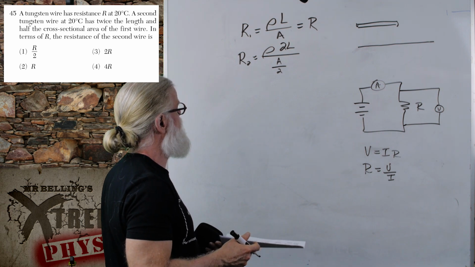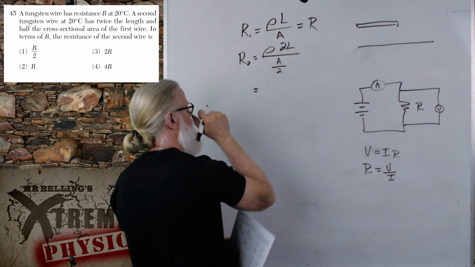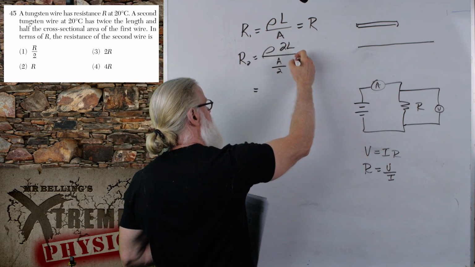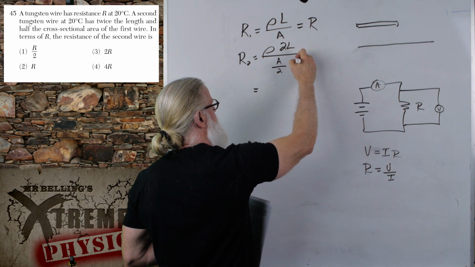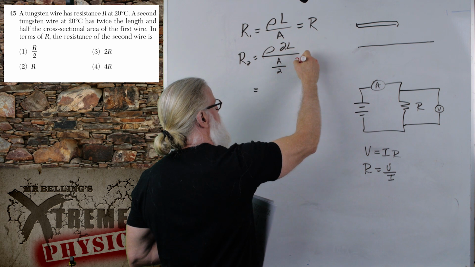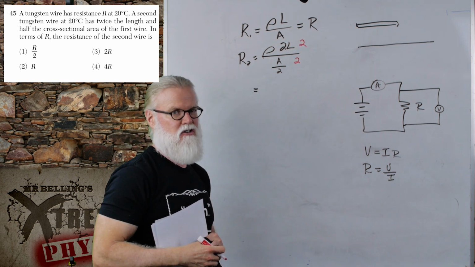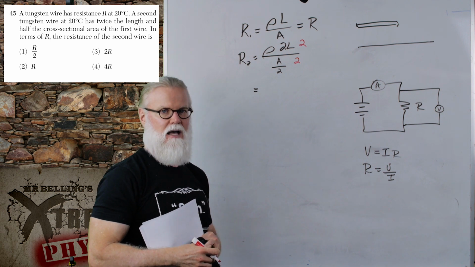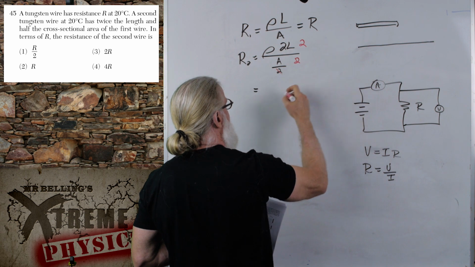Now, some of you, I know, are going to struggle with the improper fraction. So what I'm going to do is, to get rid of that, I'm going to multiply both the top and bottom by 2, right? As long as I do the same thing at the top and the bottom, I don't actually change the number because 2 over 2 is 1. We're multiplying by 1s here. Well, that makes that go away.